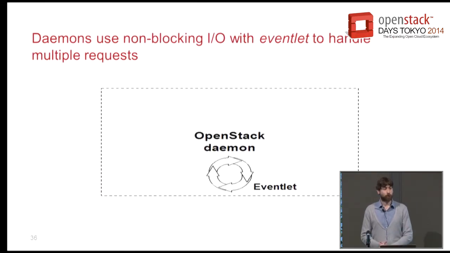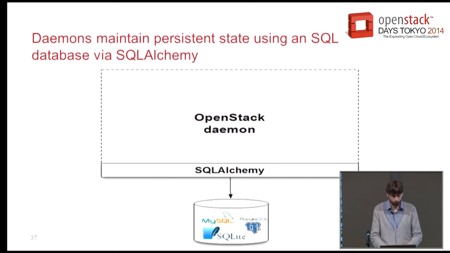So if you're familiar with Python, you may have heard of Eventlet. All of the daemons in OpenStack use Eventlet to manage multiple requests, so they're non-blocking and can be very scalable. We use SQLAlchemy as a database abstraction layer. MySQL seems to be very popular for production databases.